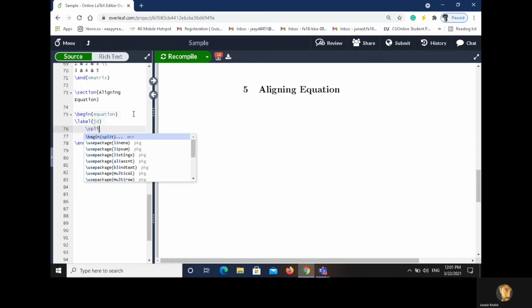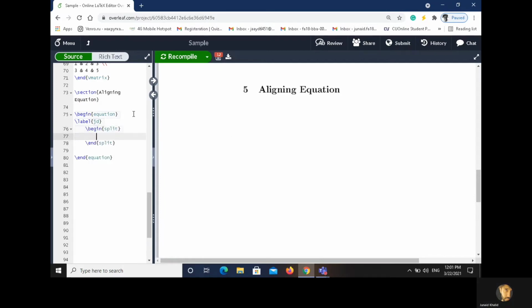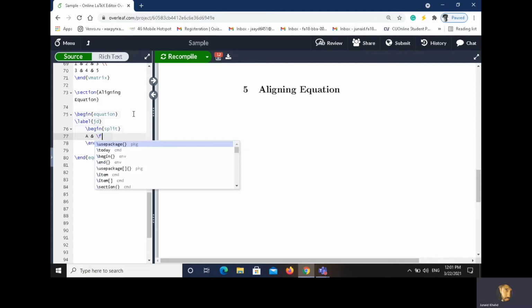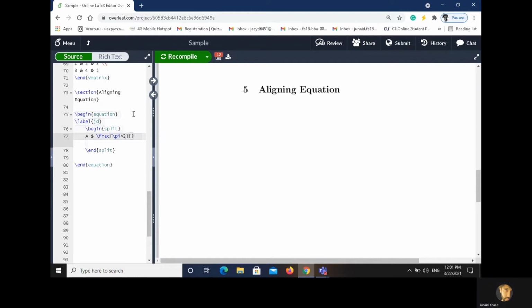Begin split, and now we're going to write A and equals to fraction pi r square, and raised to 2.